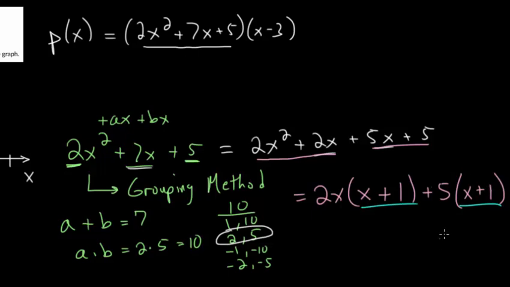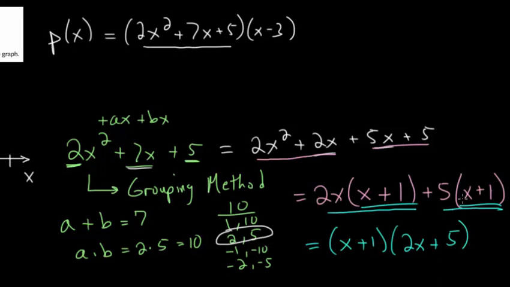And then from here, notice that this term and this term share x plus 1 as a common factor, which we can now factor out. So we're essentially dividing each of these terms by x plus 1. When we do it here, the x plus 1's cancel, and we're left with 2x. And from here, the x plus 1's cancel, and we're left with plus 5.